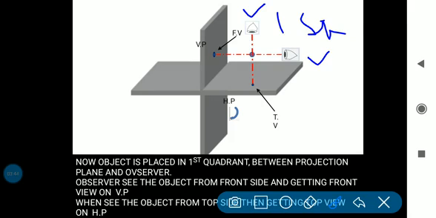When the observer sees from the front side, the observer sees the front view on the vertical plane, and when the observer sees from the top side, the observer sees the top view on the horizontal plane.